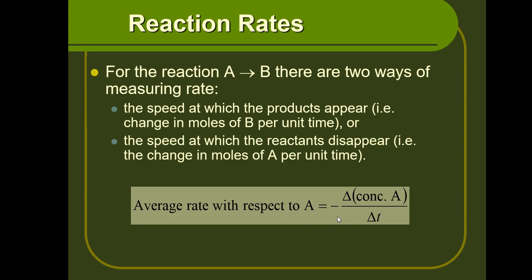The second one is negative because it's expressed in terms of the reactant. So the rate here is expressed in the average form.